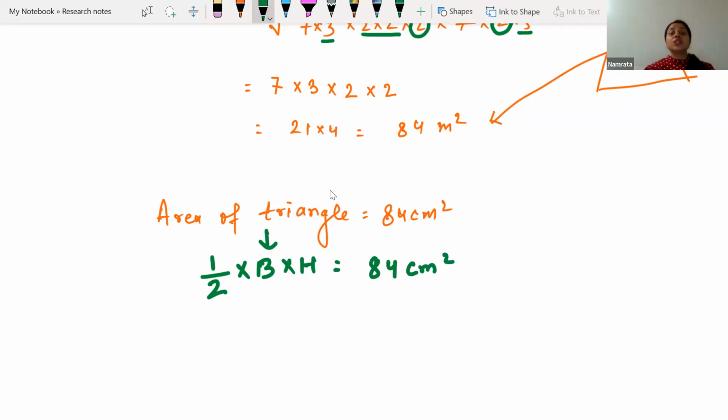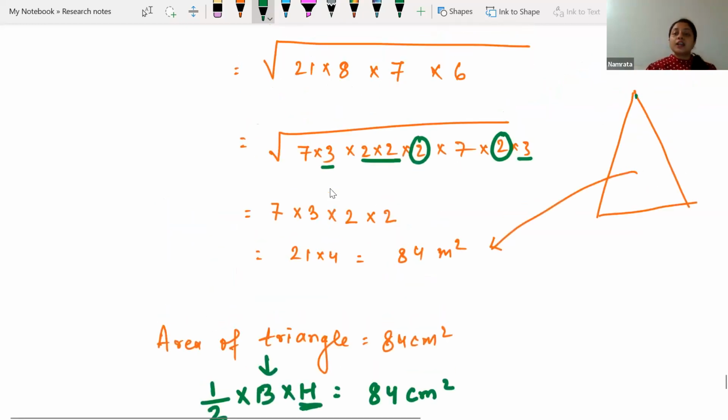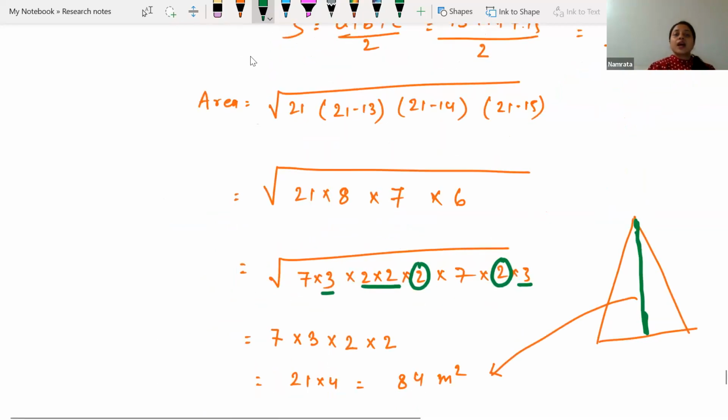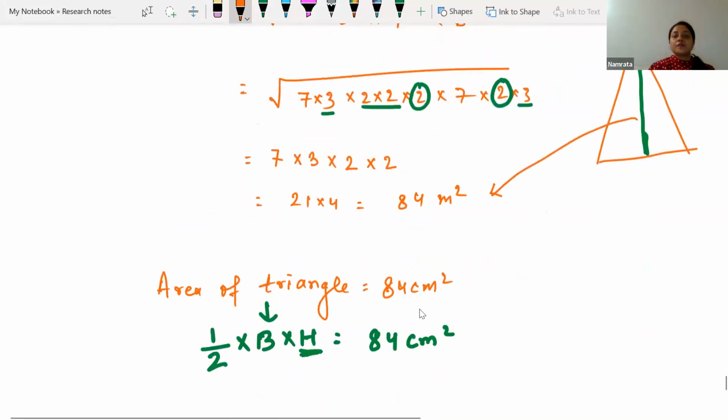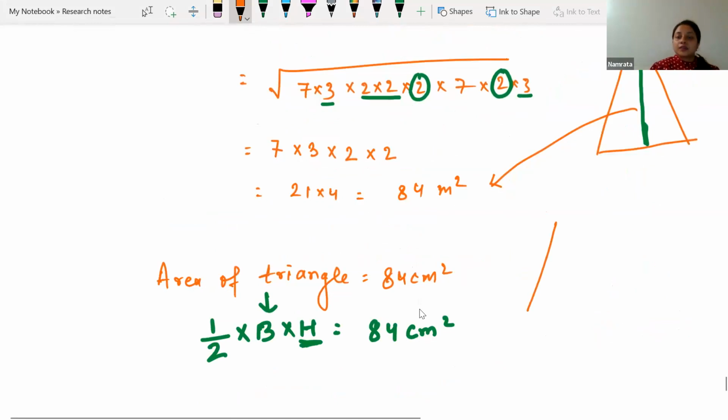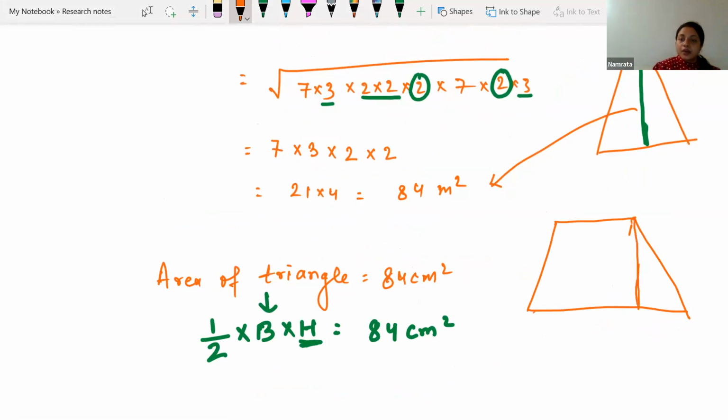Why am I doing so? So that from here we can get the height of this triangle. Once we get the height of this triangle, this height, then we can say that the height of our trapezium is the same height.